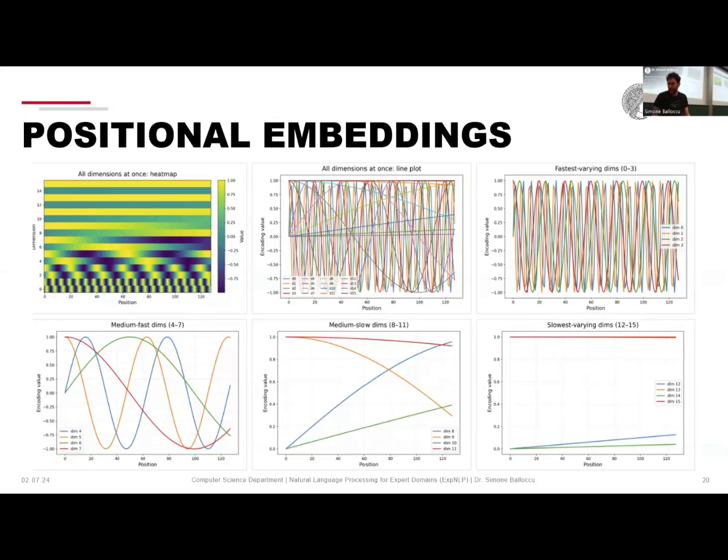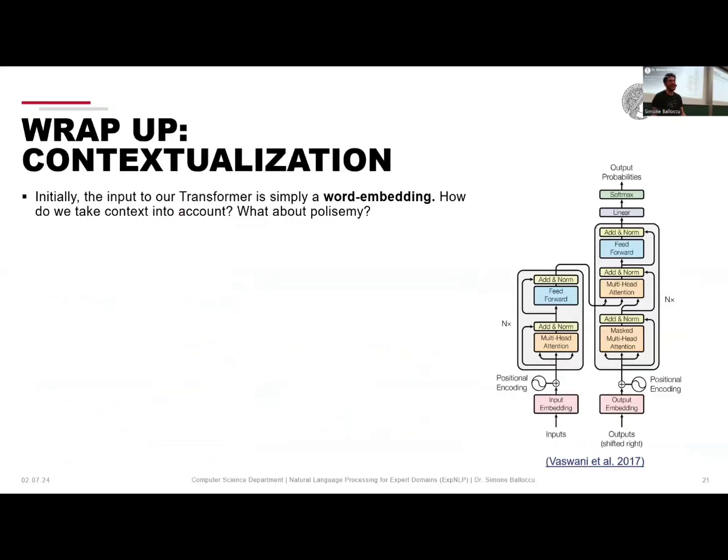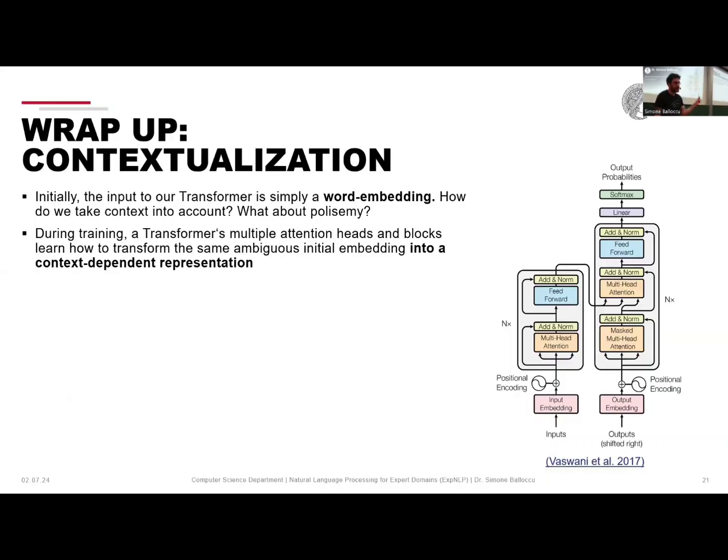So there's nothing more to learn about the transformers so far. Keep in mind we're seeing only the encoder today, so there's already enough stuff. So let's do a wrap up of what we saw. Initially, the input is just a word embedding, randomly initialized. How do we contextualize? How do we account for polysemy? Well, during the training, all these attention heads learn how to transform the same ambiguous embedding into a context-dependent representation, because at every encoder level, you keep modeling how each token interacts with all the other tokens, and then that first elaboration gets fed to another encoder, which learns a further, more precise representation.